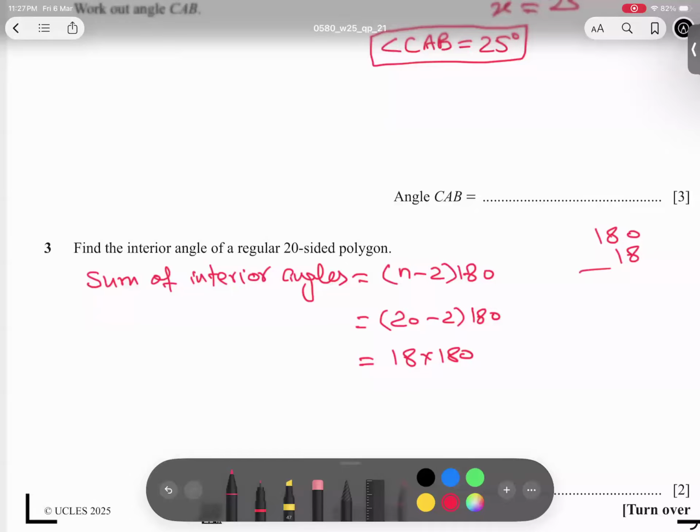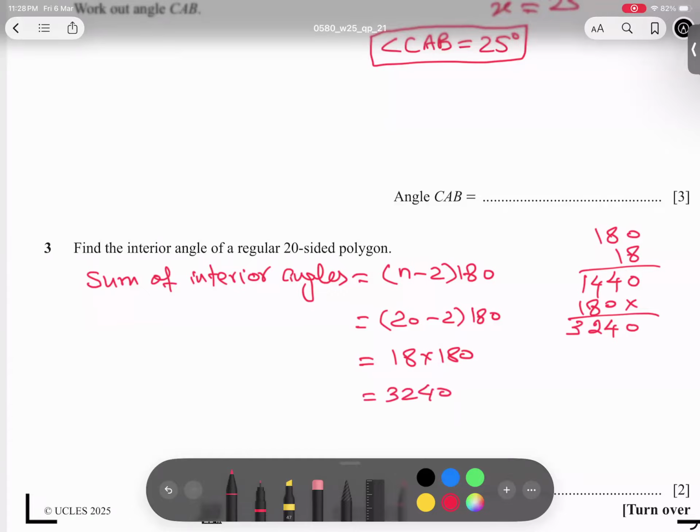So 8 eights are 64, 6 carry, 140, and 180 times 10. Adding, we get 3240.